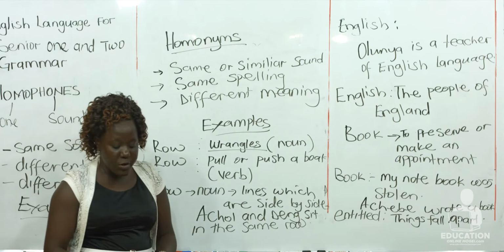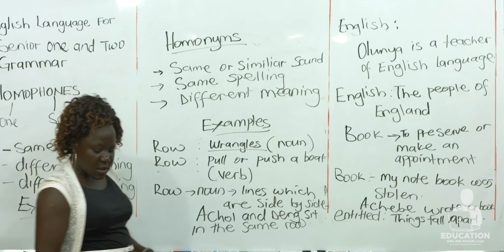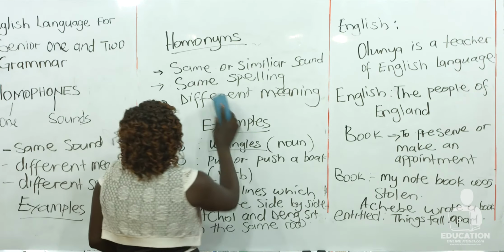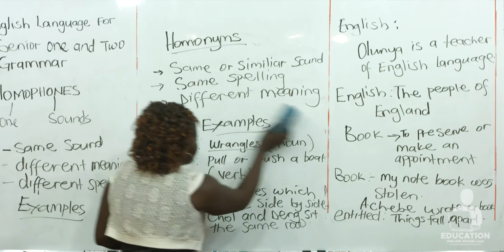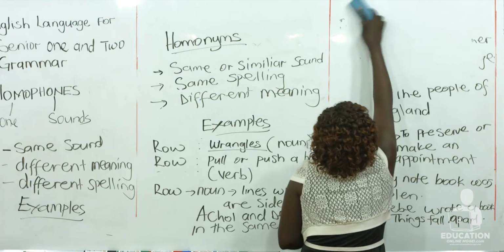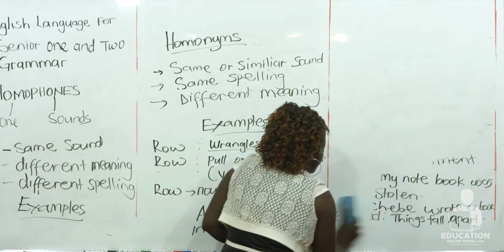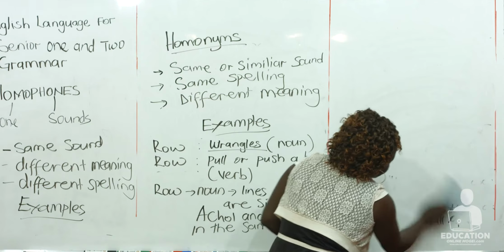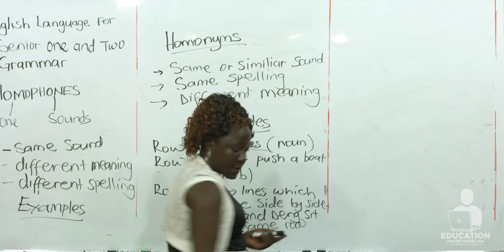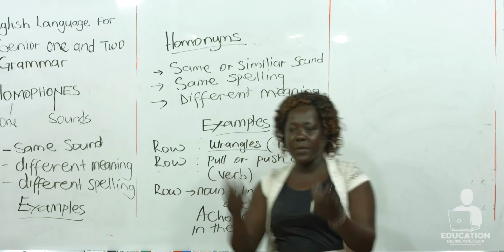You will know how to use them correctly. We also have words like this one here. Let us write them here also. Words like private and private. Same spelling, same pronunciation, different meaning.